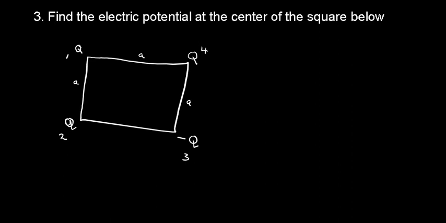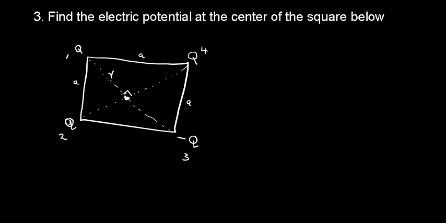So we are looking at the electric potential at the center. So we complete this. We're looking at the electric potential at the center. So remember, this is at 90 degrees to this. So let's assume we have here a distance r.